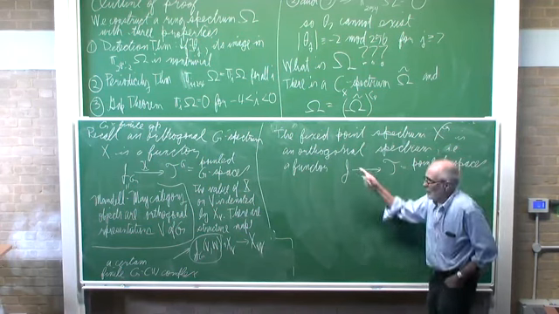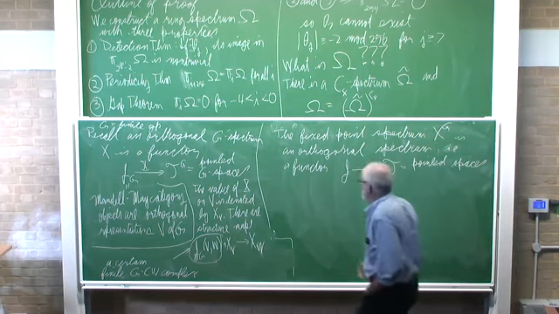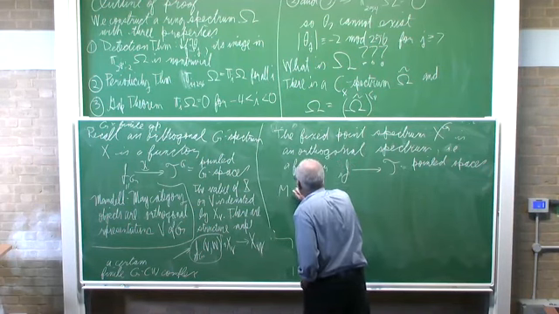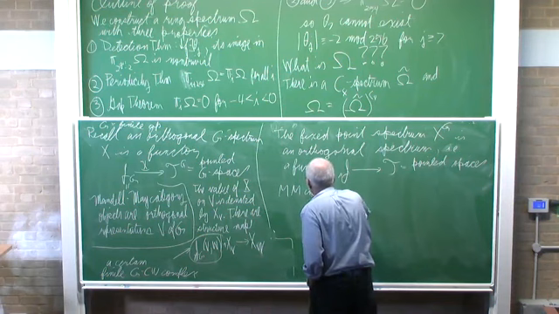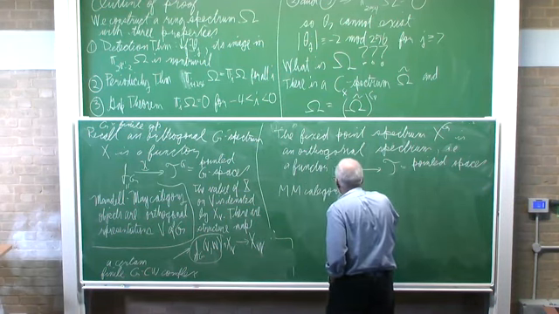And this is a category whose objects are just finite dimensional vector spaces. So this is also known as the Mandell-May category. And in this case, the objects are just finite dimensional vector spaces. There's no G action.